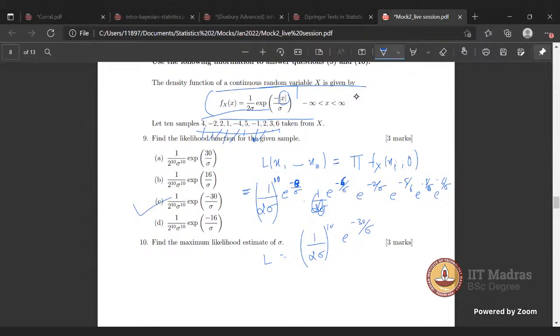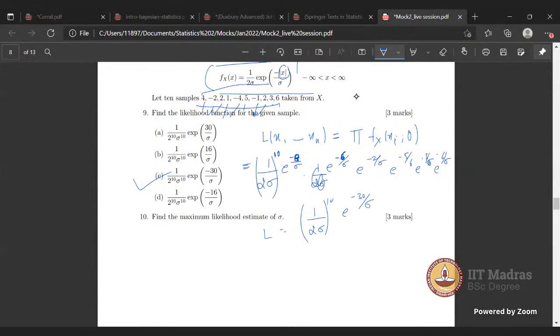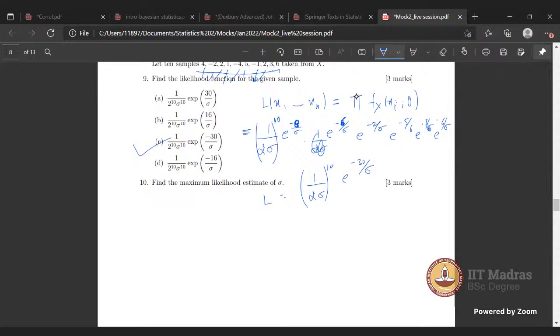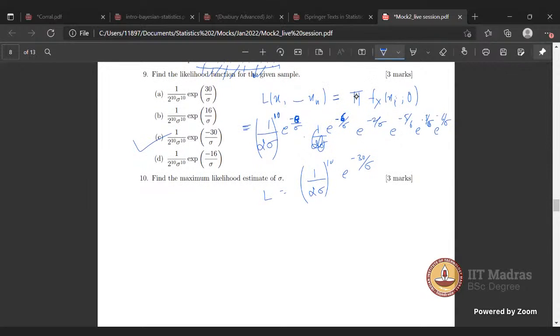Now, what is the maximum likelihood estimate? To find the maximum likelihood estimate, we'll have to use the log on both sides and then differentiate and then find sigma. So 1 by 2 to the power 10 is going to be constant, so we can just simply ignore it.